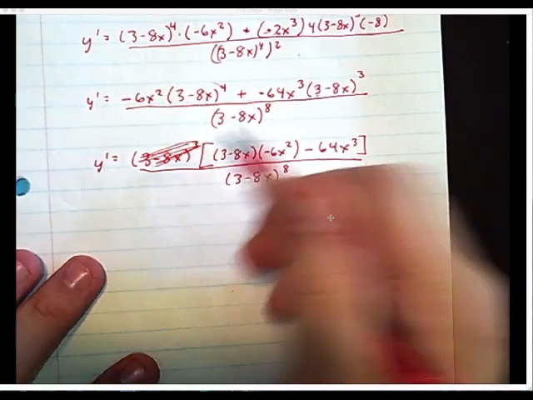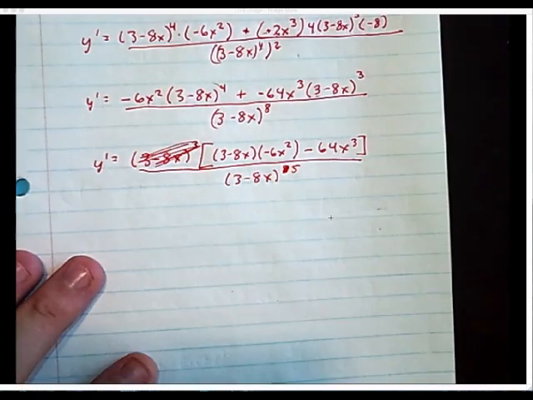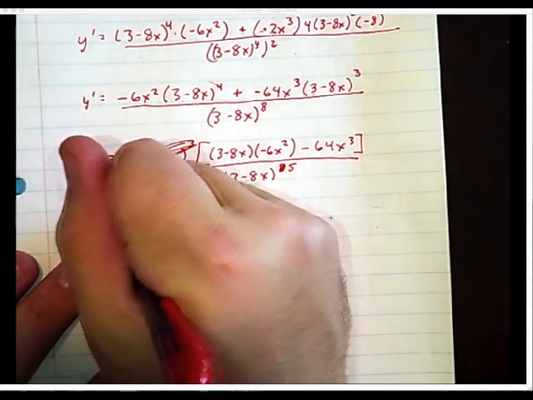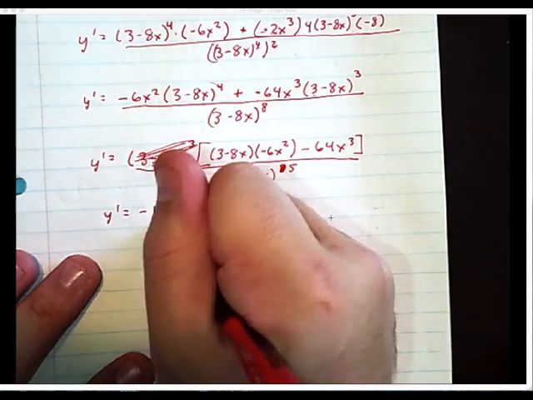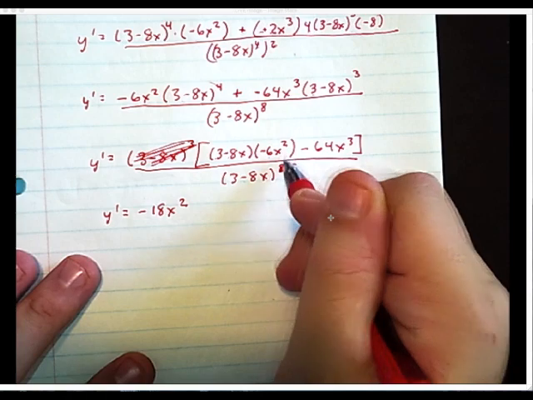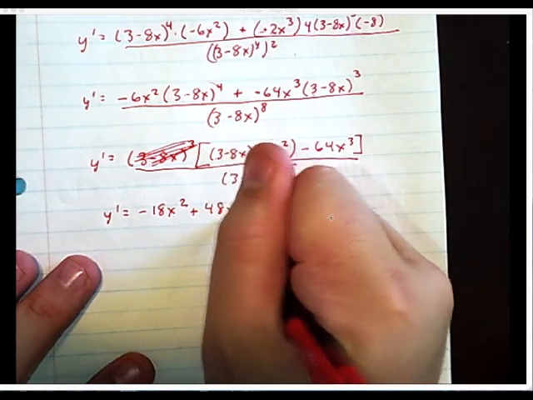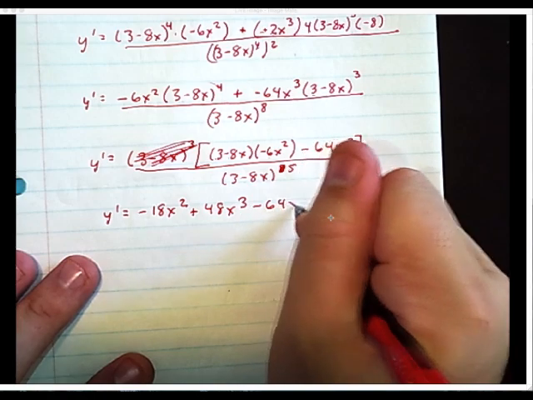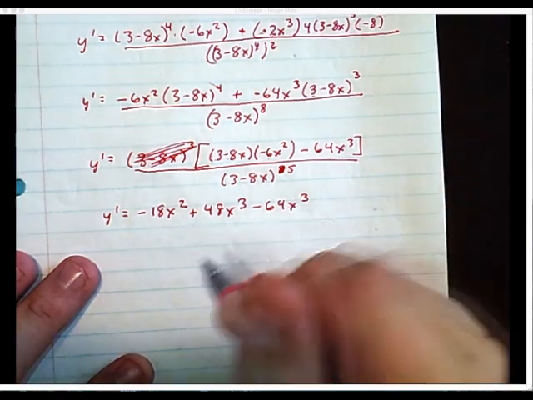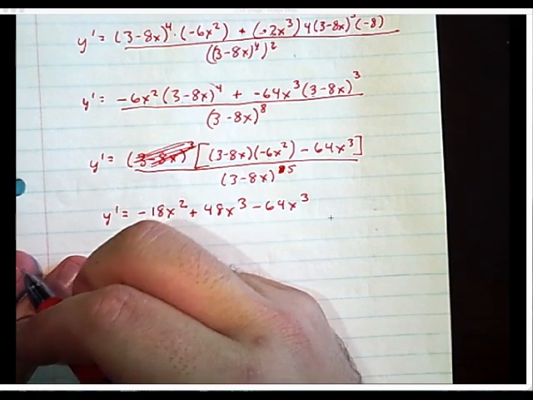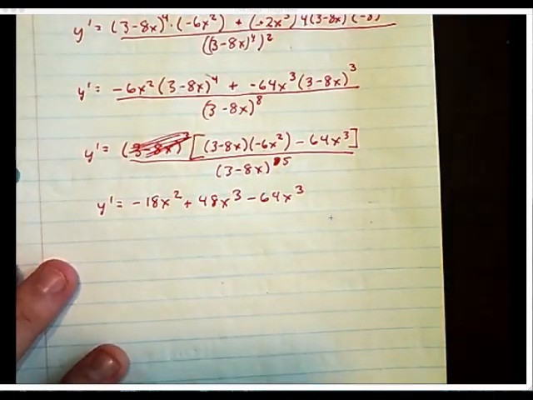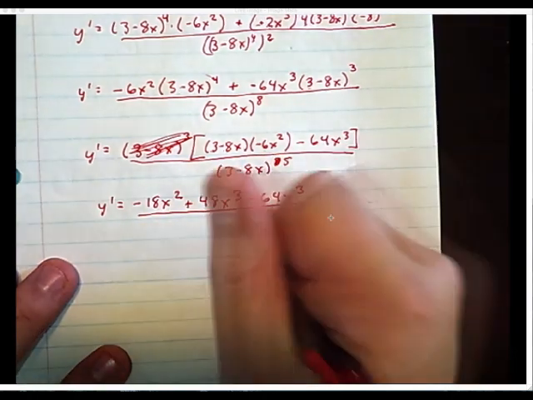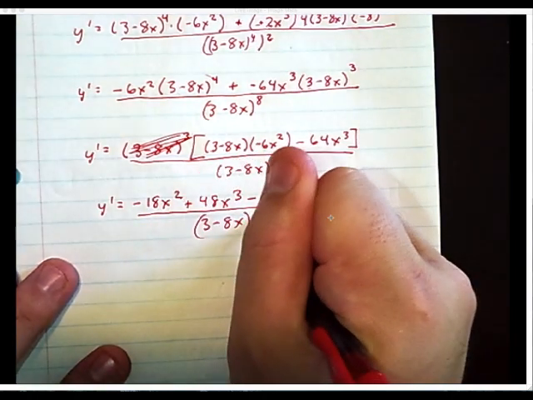Well, 3 of these knock out 3 of these, so there's only 5 left on the bottom. And if you distribute, 3 times negative 6x squared is negative 18x squared. Negative 8x times negative 6x squared is positive 48x cubed. Then we have a minus 64x cubed. Sorry, on my problem, I forgot this x cubed from there. All over 3 minus 8x to the 5th.